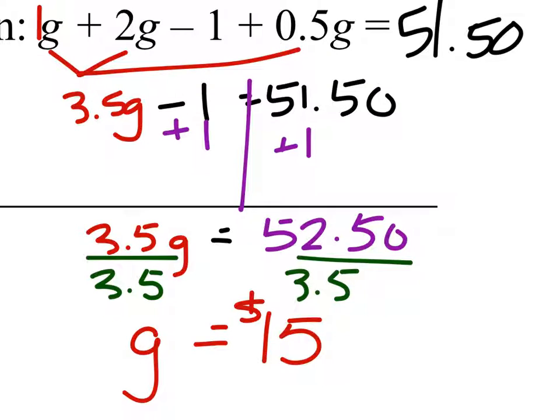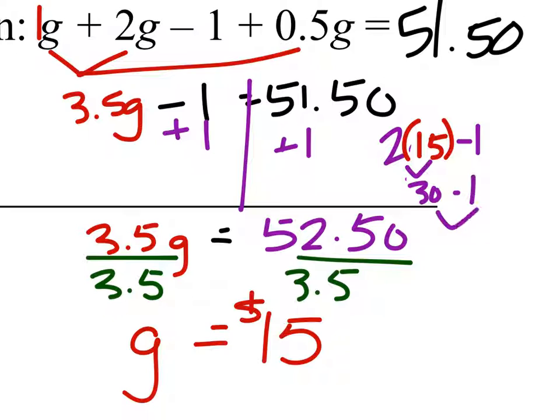Then we got the next guy, I forget his name, but it was 2G plus 1. And we know Gordy's now is $15. So, well, that was plus, minus 1. Yeah, sorry, there's a minus 1. So 2 times 15, then minus a 1. When we solve with these, we get 30 minus 1.